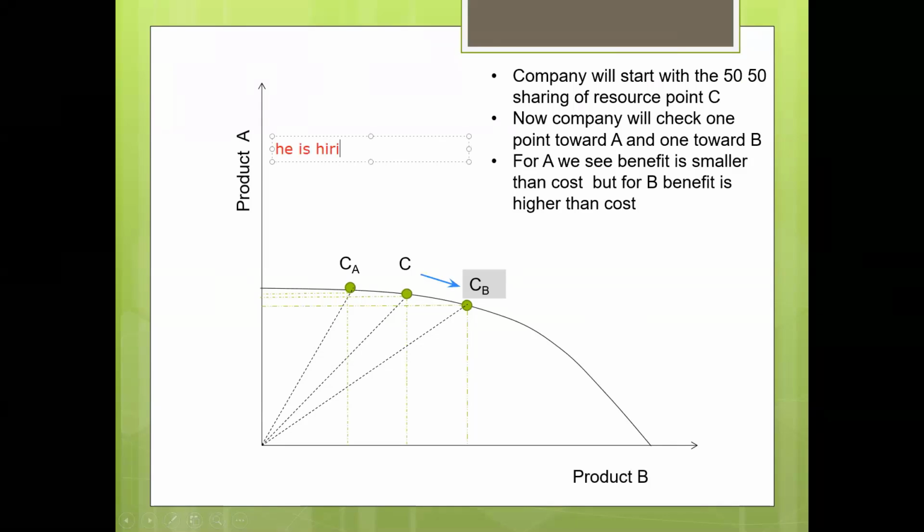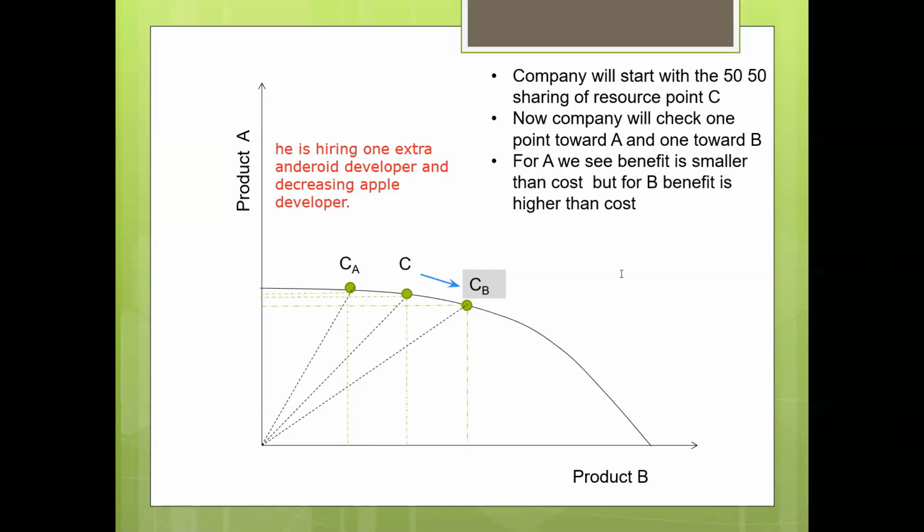He is hiring one extra Android developer and decreasing an Apple developer. So what will happen? There is more production in the Android market.